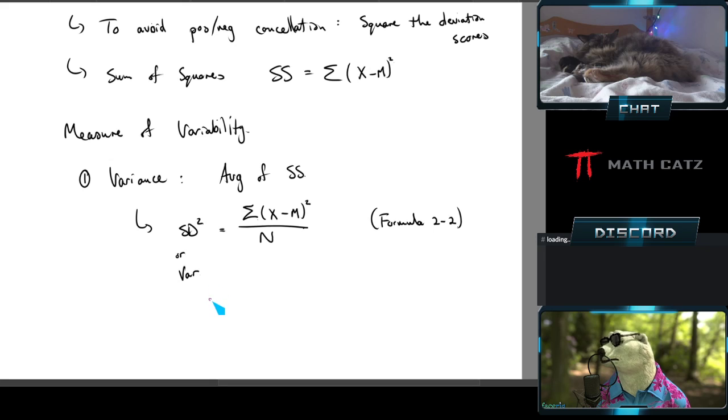This is the second formula in our list. So I want to understand what all these symbols represent. This is just the name for the variance. I look at my deviation scores. I square it to avoid cancellation. I add them all up in my calculation, average them out across how many scores there are.